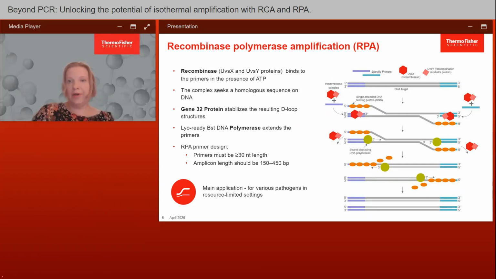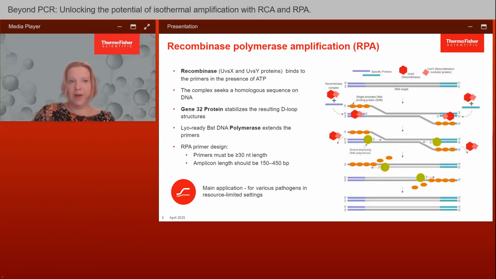If you look at the scheme, it is very similar to PCR. It needs only 2 primers and strand displacing DNA polymerases, BST DNA polymerase, with the help of recombinase enzyme. Recombinase enzyme is composed of 2 proteins called UvsX and UvsY.